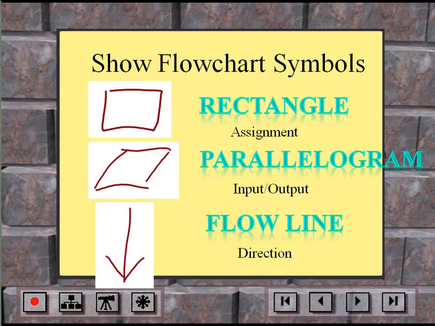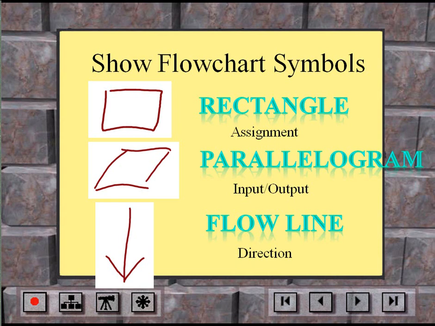You're going to use symbols like these, where the rectangle is what we call the assignment symbol. Now, if I drew them on a piece of paper, or on the computer screen, the rectangle would kind of look like that, and it looks like I hand drew it. And the parallelogram there with the slanted sides, and the flow line.